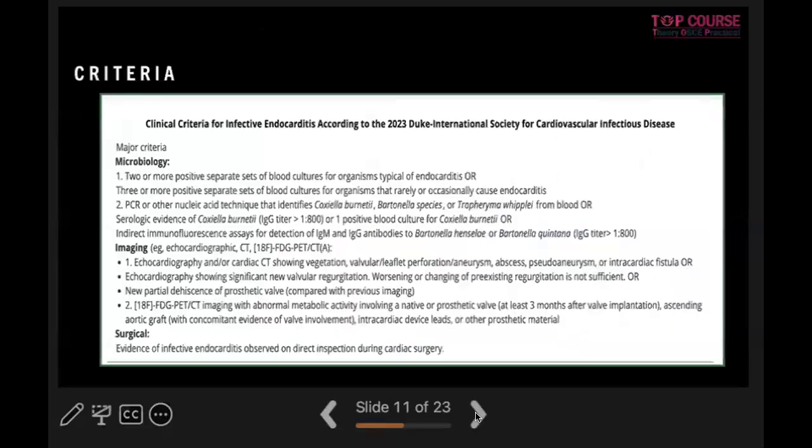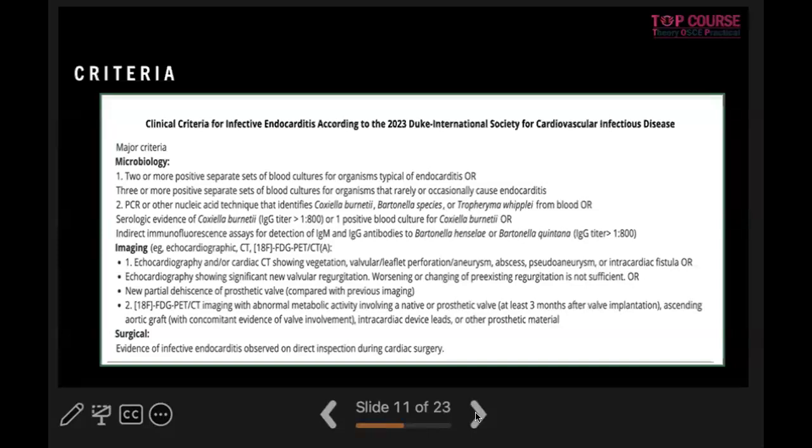So this is the recent 2023 Duke's criteria, where the major criteria includes, as we discussed already, clinical, microbiological, as well as imaging criteria to prove there is infective endocarditis. First is the major microbiology criteria, where the patient should have 2 or more positive separate sets of blood cultures for organisms typical of endocarditis, or 3 or more positive separate sets of blood cultures for organisms that rarely or occasionally cause endocarditis.